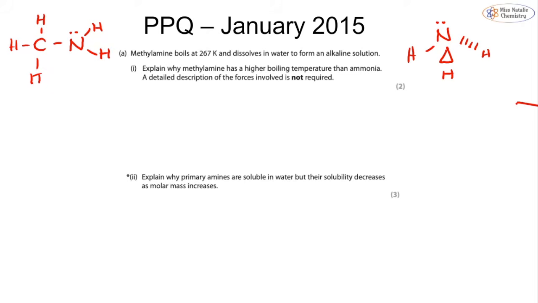Now both of them we know can make hydrogen bonds. So there is a way to answer this question with reference to the hydrogen bonds, but actually your best way to answer this question is to look at what other bonds are there. Yes, the hydrogen bonds can have an effect, but since they both have hydrogen bonds, we want to focus on the London forces. So methylamine has stronger London forces.